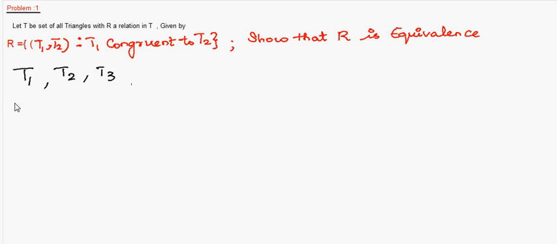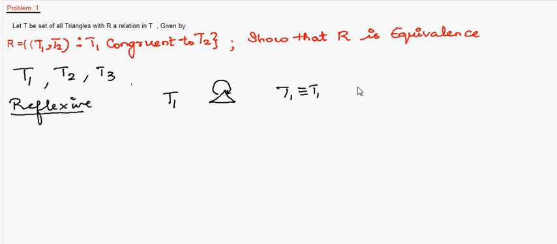If I say it has to be reflexive, then it should be related to itself. If I take a triangle T1, any triangle will be similar to itself, will be congruent to itself. So that means T1 is similar to T1.